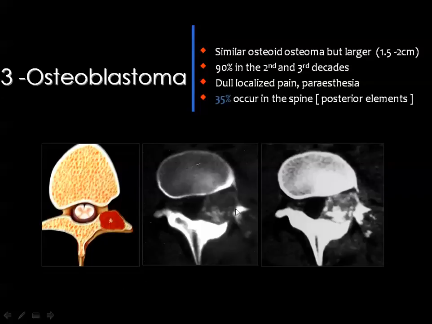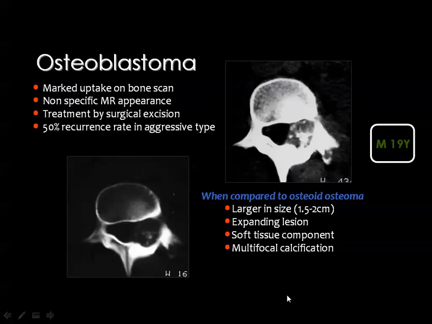And this is an example of an osteoblastoma affecting the pedicle on the left side. There is an expanding lesion, and there is matrix calcification, which may not be in the central part of the tumor, and in the bone window you appreciate the extensive sclerotic reaction which is surrounding the tumor.